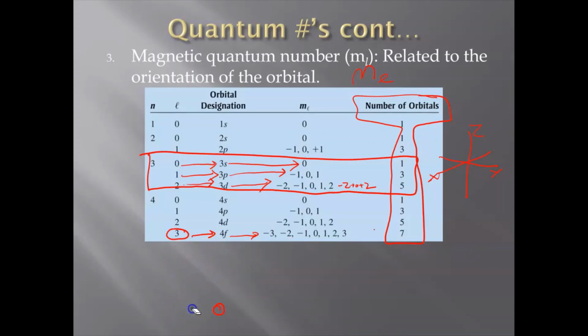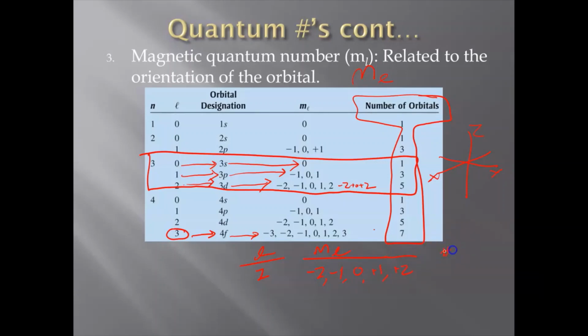So if your L is 2, that means your m sub L is going to be -2, -1, 0, +1, and +2.